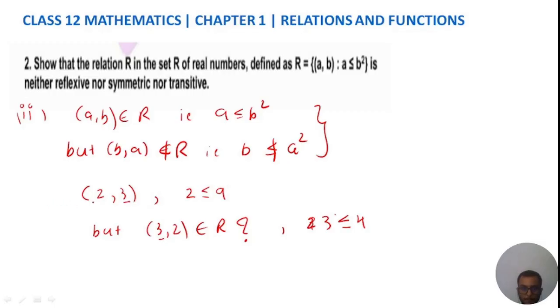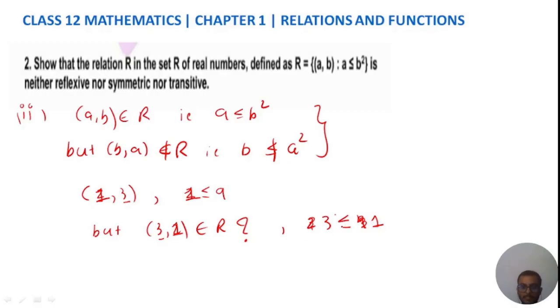In what way should we pick a such that a is less than or equal to b square, but b is not less than or equal to a square? In place of 2, if I pick 1, then of course 1 is less than or equal to 9. But is 3 less than or equal to 1, because 1 square is 1? Why did I pick 1? Because I know that 1 square is 1, which means the square will not affect much. That's why I picked 1.